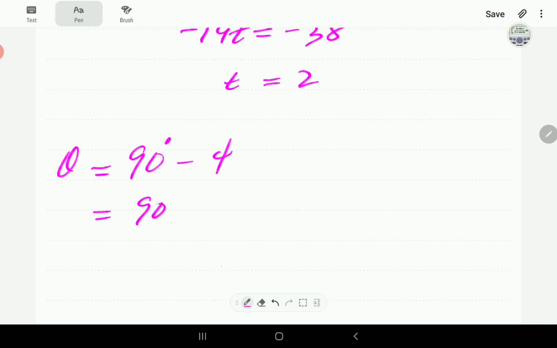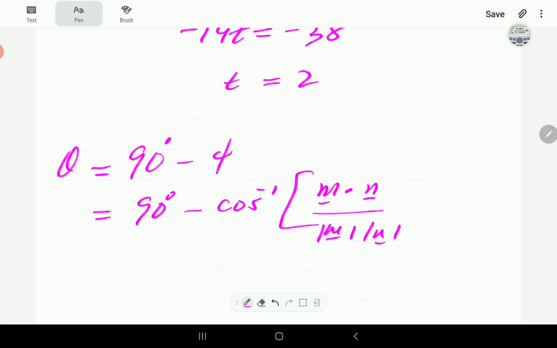Phi, we already did this in the video on the dot product. So it's just going to be the inverse cosine of m dot n divided by the product of the magnitudes of the two.